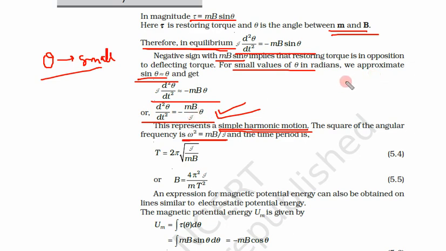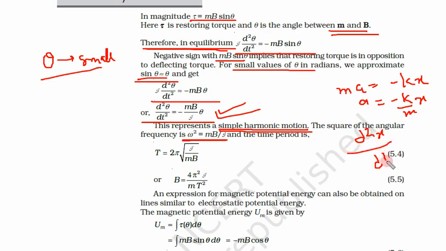Here ma is equal to minus kx, and this a, acceleration, is d2x upon dt square, equal to minus k by m x.